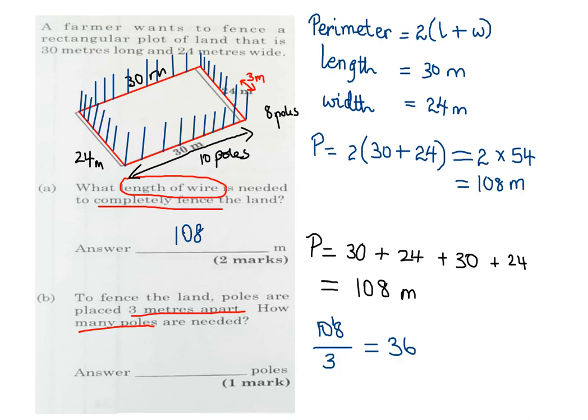So definitely try working it this way, where you divide the distances, the length and the width, by 3, and that will tell you how many poles have to go along those sides.